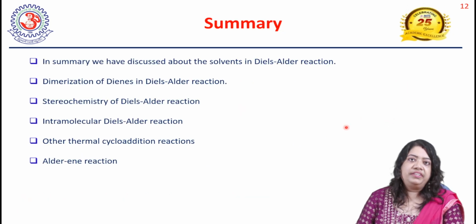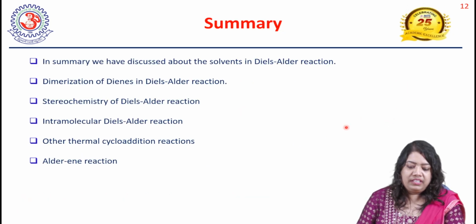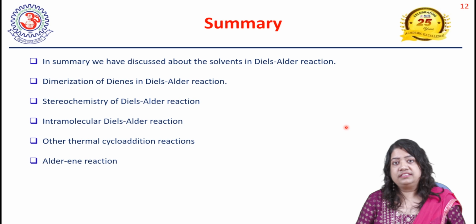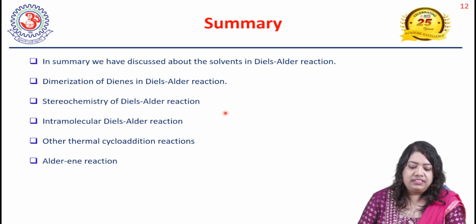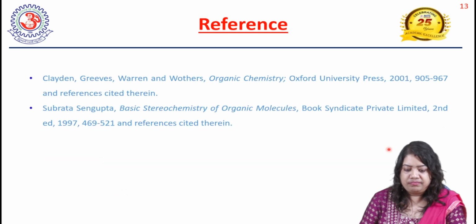So in summary, what we have discussed today: the solvents used in the Diels-Alder reaction, how dienes dimerize in the Diels-Alder reaction, the stereochemistry of the Diels-Alder reaction, the intramolecular Diels-Alder reaction, other thermal cycloaddition reactions apart from the 6 pi electron Diels-Alder reaction, and lastly the ene reaction.